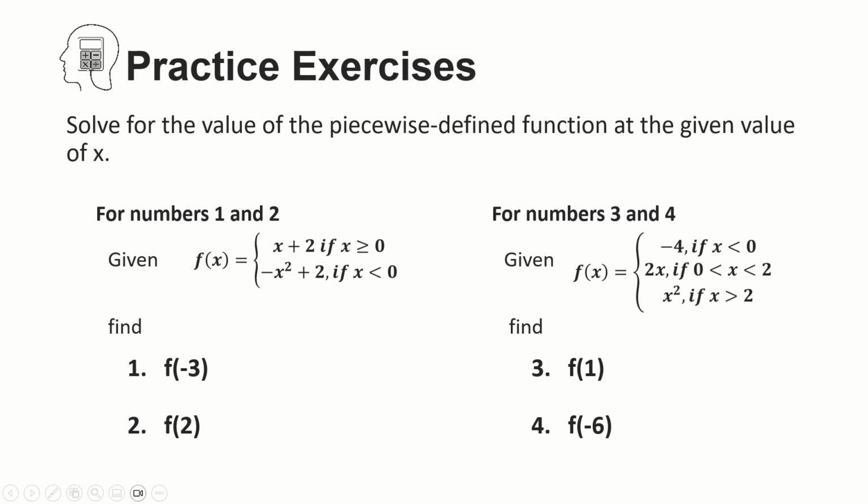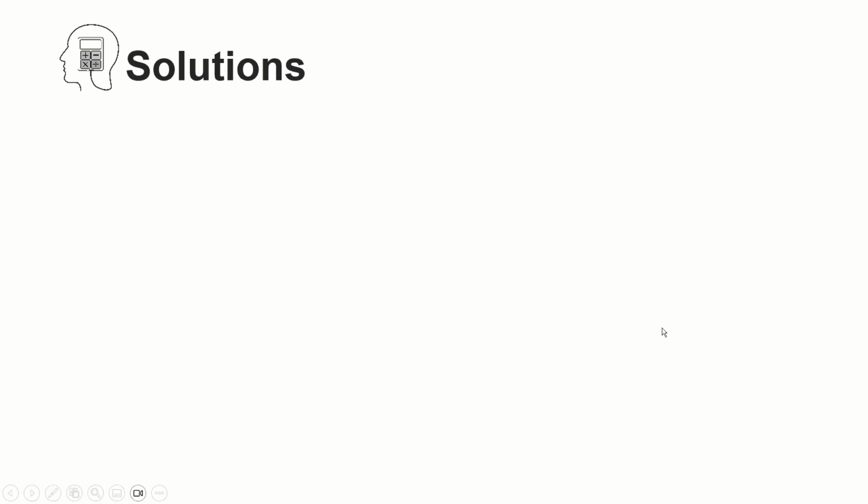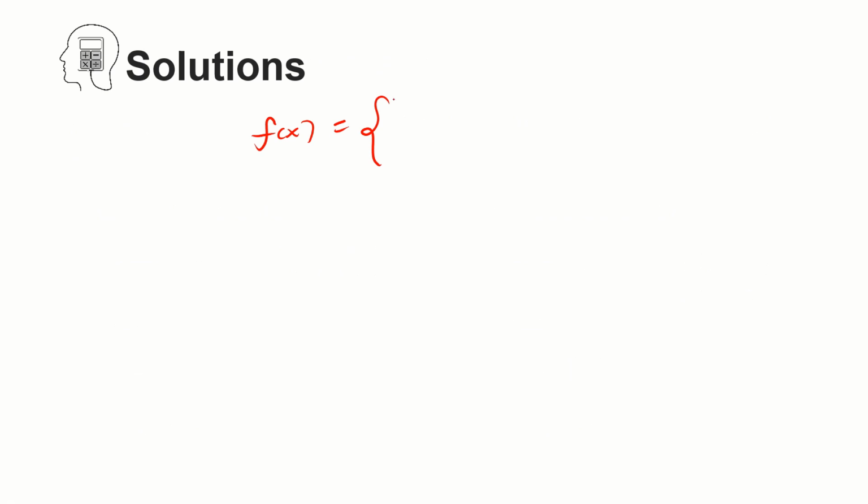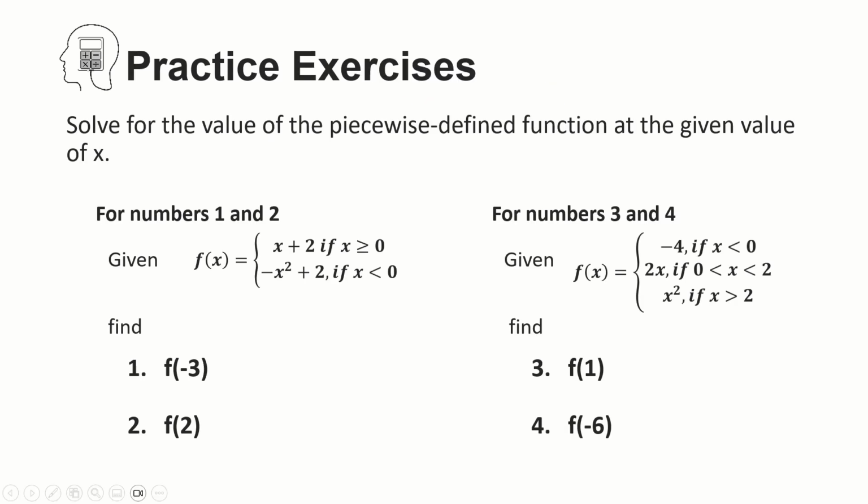So again, for our problem number 3 and 4, our piecewise function is f of x is equal to negative 4 if our x is less than 0, and then 2x if our x is greater than 0 but less than 2.